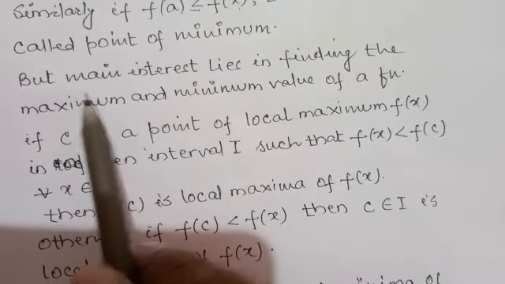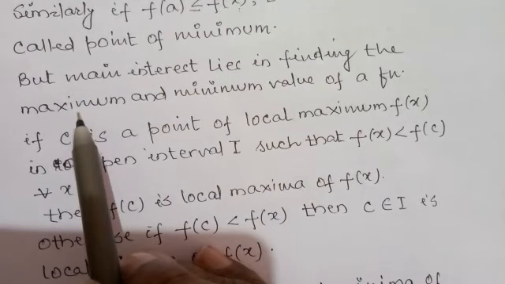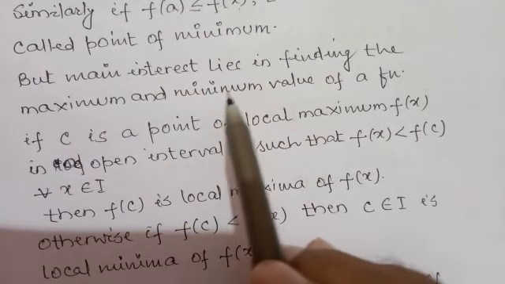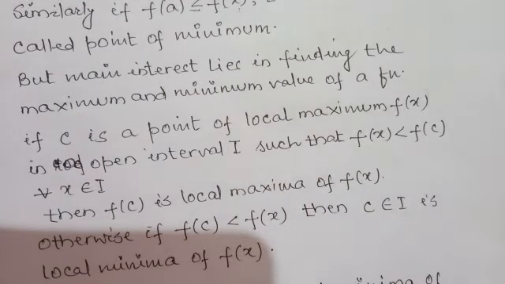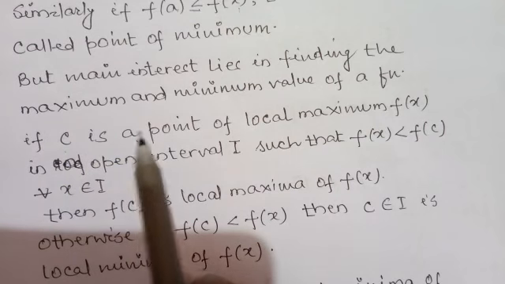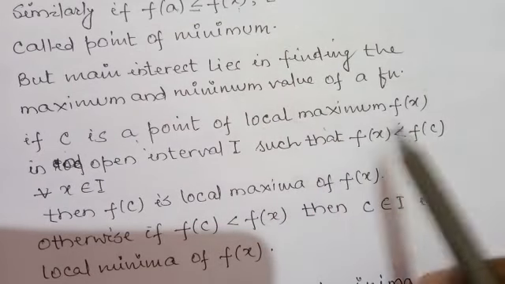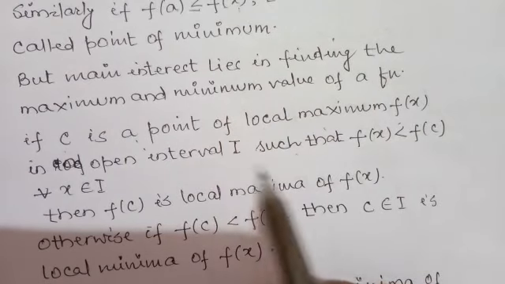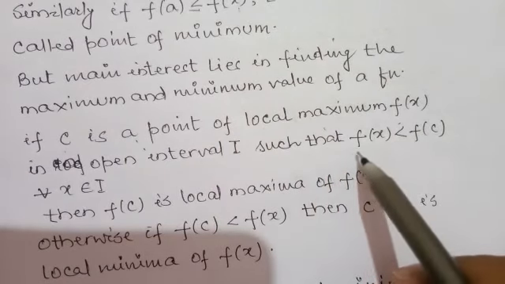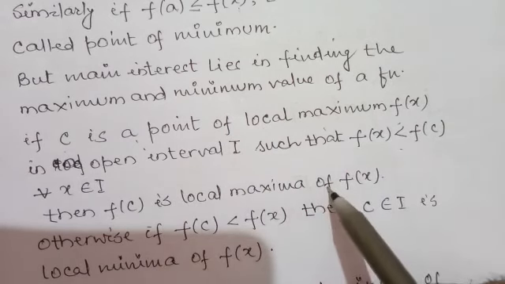But our main interest lies in finding the maximum and minimum value of the function. This is our main interest. Consider c is a point of local maximum of f(x) in the open interval I, such that f(x) is less than f(c), then f(c) is local maxima of f(x).